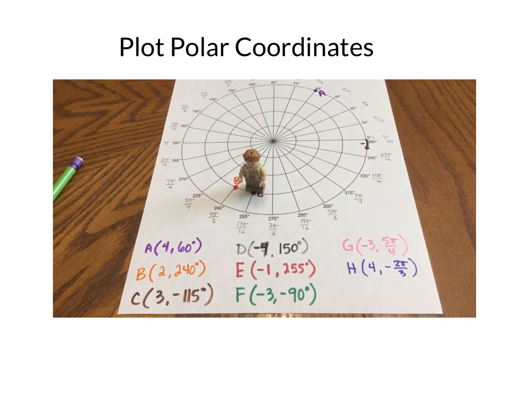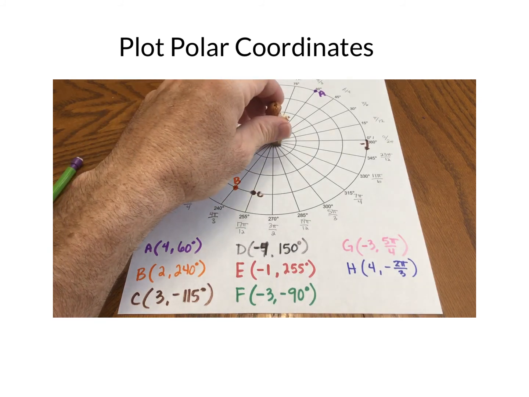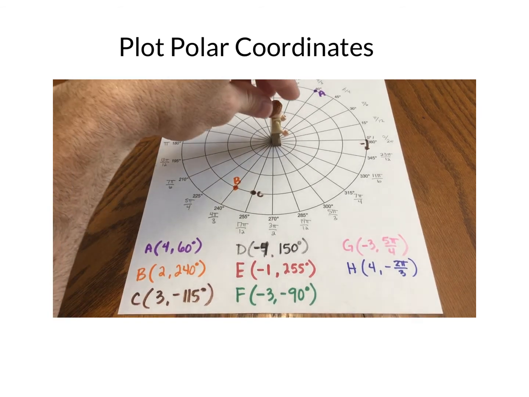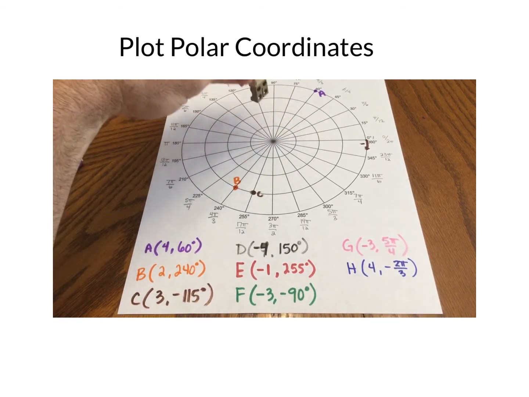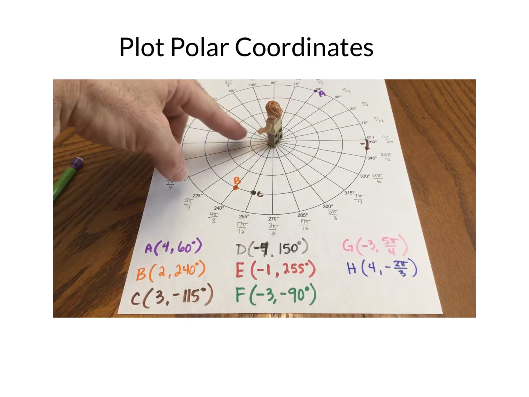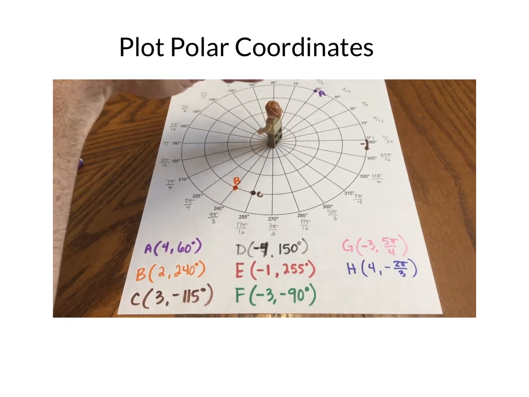Okay, so now we're going to get a little bit trickier. Notice these ones now have negatives. So negative 4. So how do we do a negative in a polar, since positives is all we have? Well, we start off by going 150 degrees. So we're going to turn to the 150. And now instead of walking out towards the 150 degree mark, we're going to walk away or backwards.